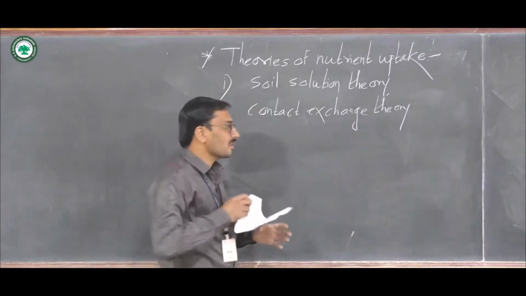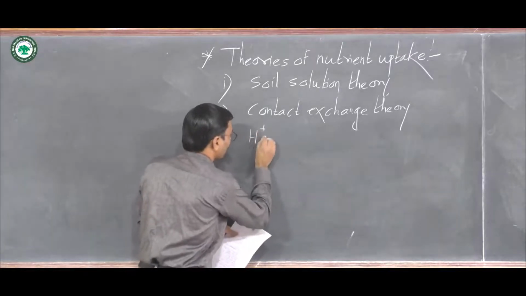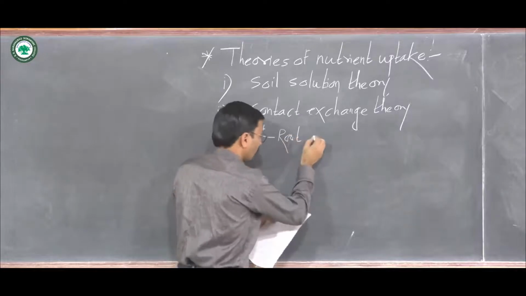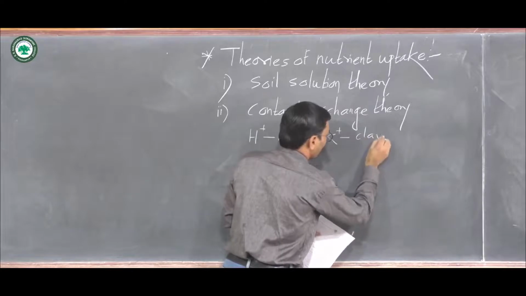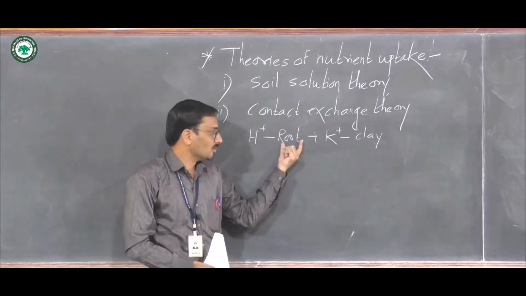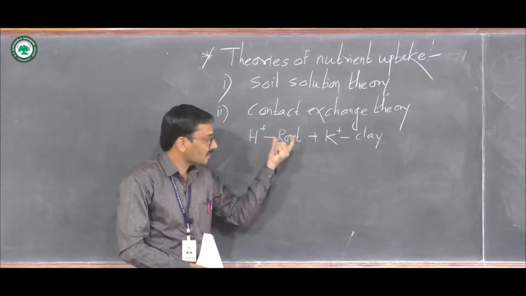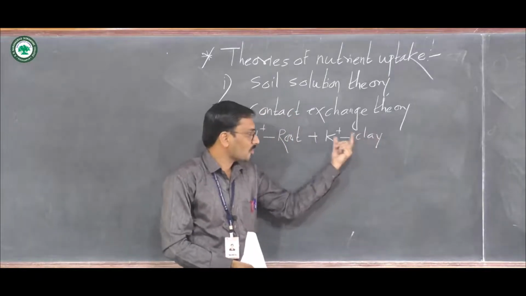Here we will consider one example. Consider we have a plant root which has H+ ions, and there is also clay on which there is adsorbed potassium.